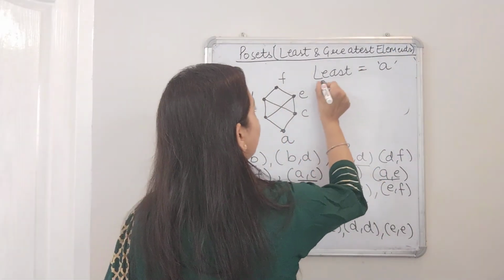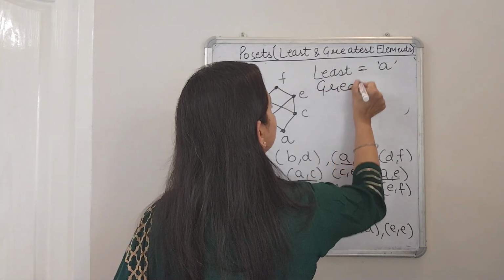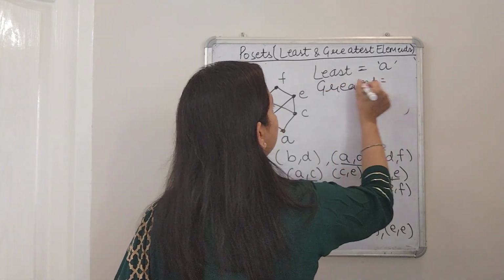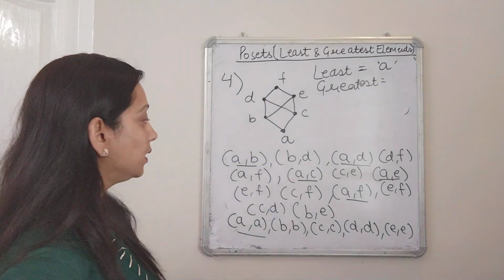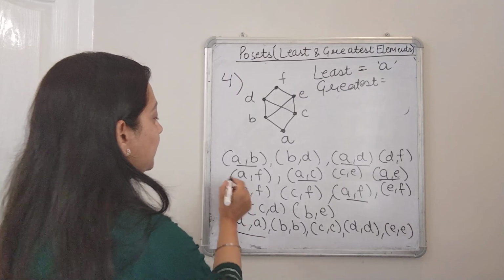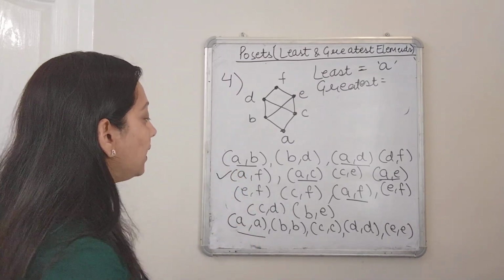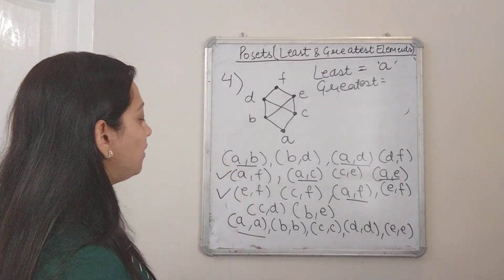Then let's see if we have any greatest element here. Now greatest element means all elements of the set must be related to that particular element. So I can see A is related to F here. Then I can see E is related to F here.